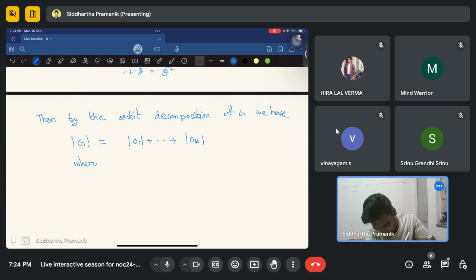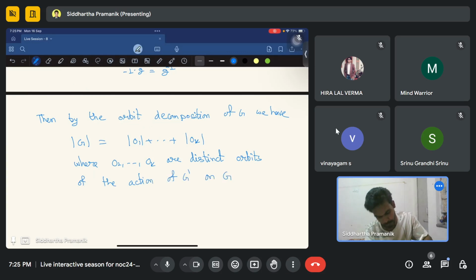Where O1 up to Ok are distinct orbits of the action of G prime on G.